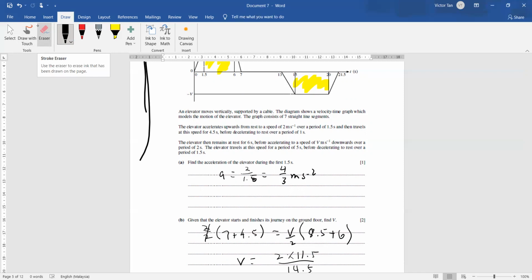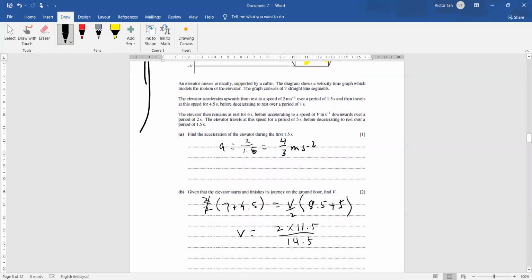Made a mistake, sorry. This is fine. Numbers are too small. So this is 13.5.